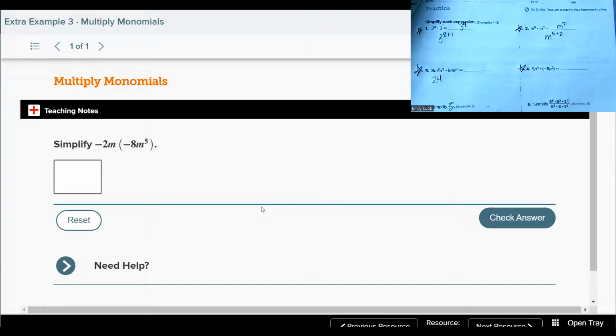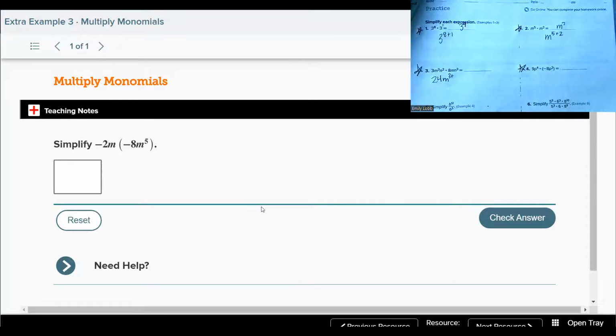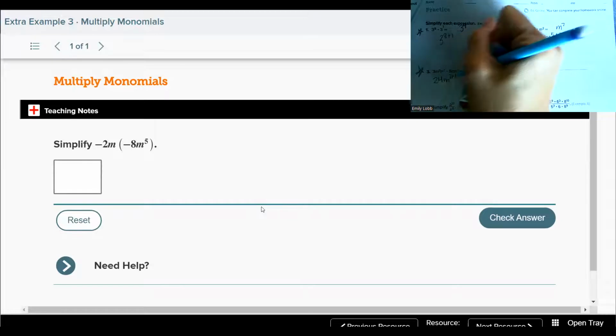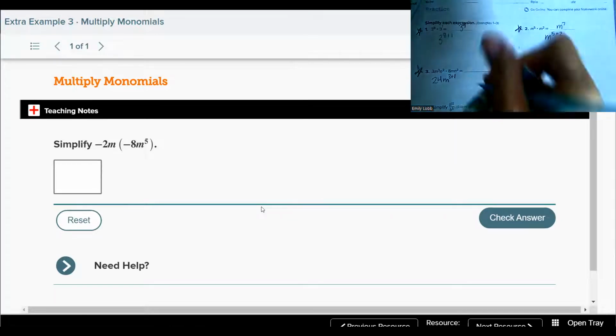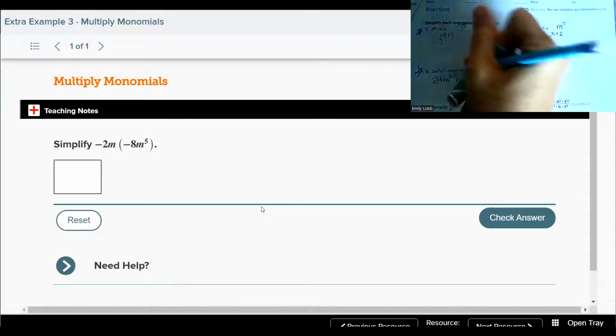We have two different bases with exponents, right? We have m and n. So m, we have a 3 plus what? What is it if it's just m? There's just one of those, so we're adding one more to that. And n, what exponents do we have here? 2 and 3 is my second one.